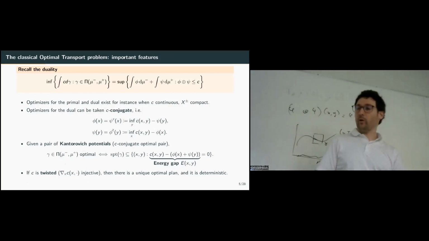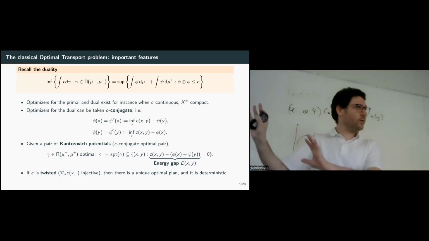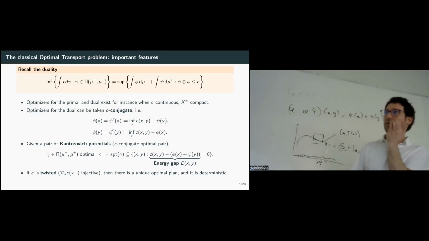Okay, so I just want to stress some important features of the theory of optimal transport that we will use during the talk. So it's basic, what you learn maybe in the first courses of optimal transport, but just what we need. So I recall the duality. The inf of the primal problem is the sup of the dual problem. You have existence almost for free in several instances of solutions for these two problems.